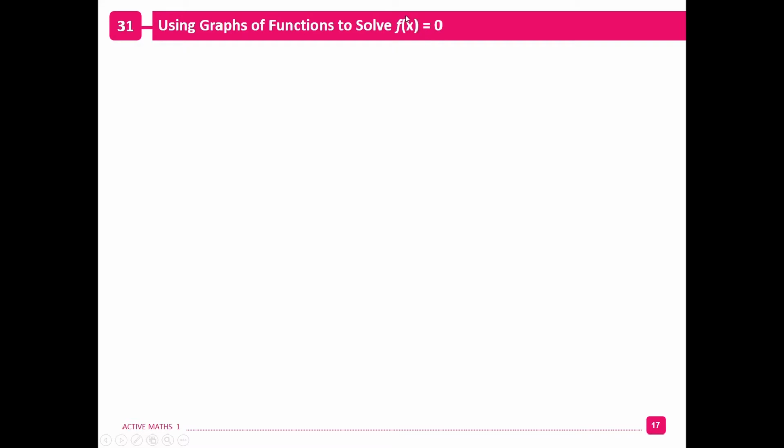In other words, when the y, the output, is 0. So we're looking to read off from a graph the points where that function has a y coordinate of 0, which is actually much simpler when you have a look at it. So let's go ahead.